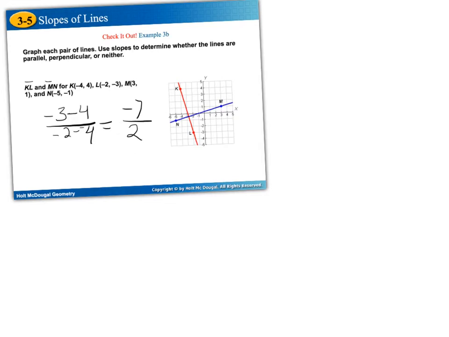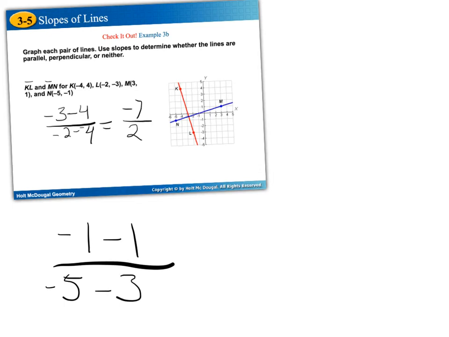So let's see. Again, you're going to say, well, they look perpendicular, so I'm going to say they're perpendicular, but you have to show that they are. So let's do MN. N is going to be 2, -1... minus 1. Yes, -1 minus 1. And then -5 minus 3.